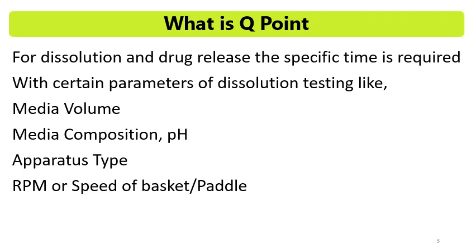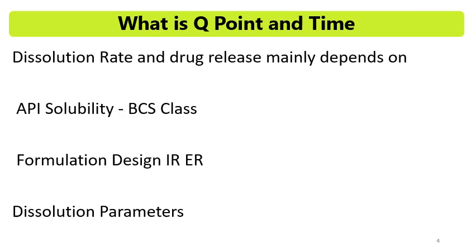So it depends on the formulation design, API solubility, and the dissolution testing conditions or parameters like media volume, media composition and pH, apparatus type, and the speed of that dissolution apparatus, for example RPM of basket and paddle. So once you set the standard conditions, then you go for the dissolution run.